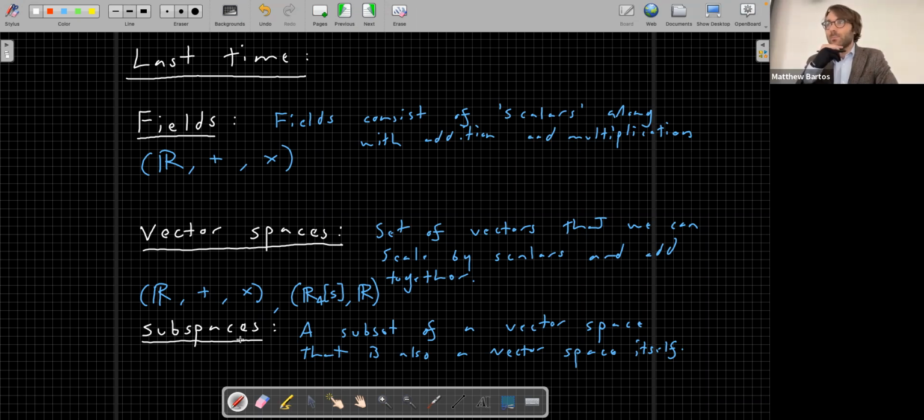So for any vector space, the vector space itself is also a subspace of itself. So if you have a vector space V, V is a subspace of V. And also the zero vector is a subspace of any vector space. Great question. Are there any more questions on these general concepts before I move on?